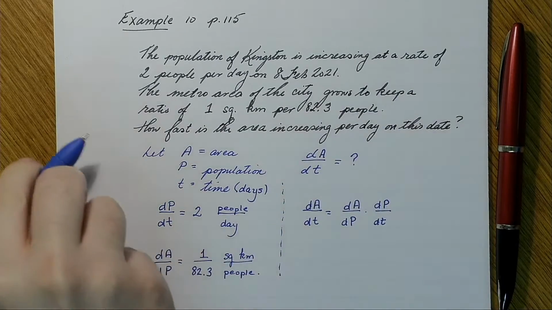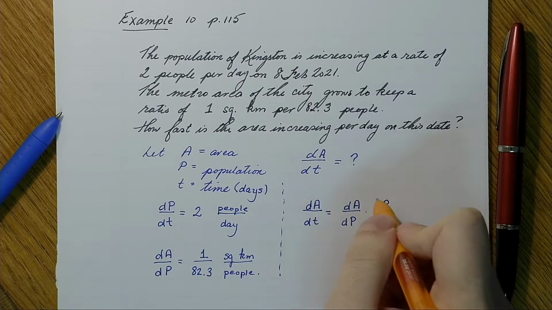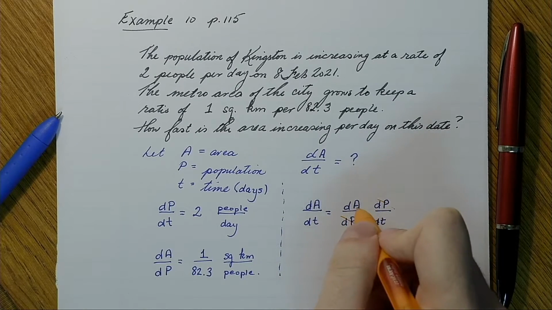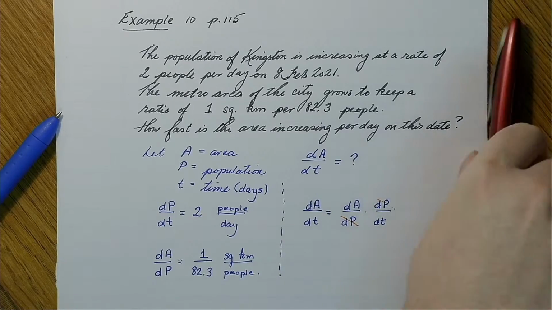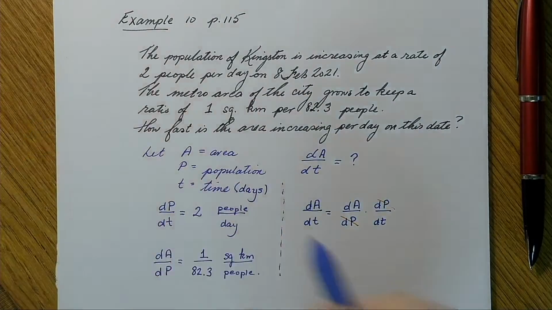If you think of it like a fraction, your dP's cancel, and you're left with dA over dt.